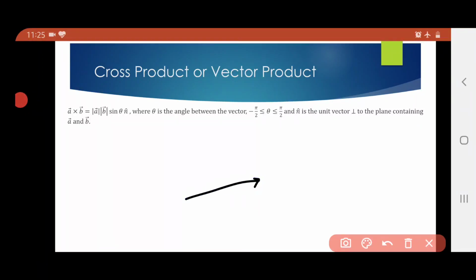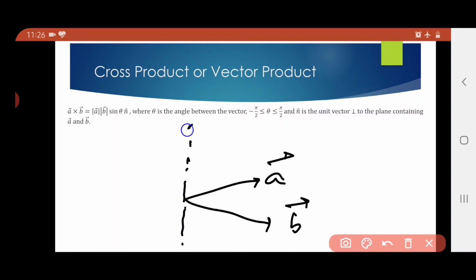If I have a vector A and a vector B, then n cap is actually representing a vector which is perpendicular to the plane containing A and B.